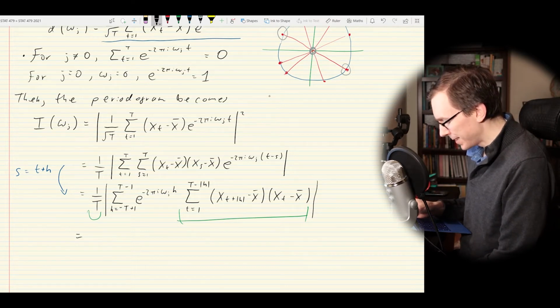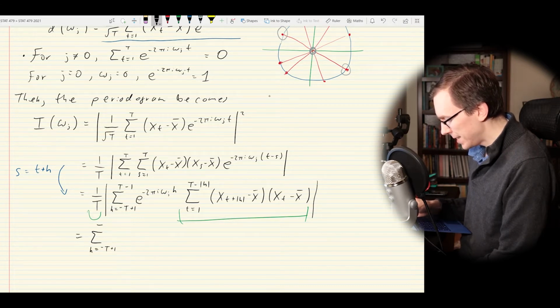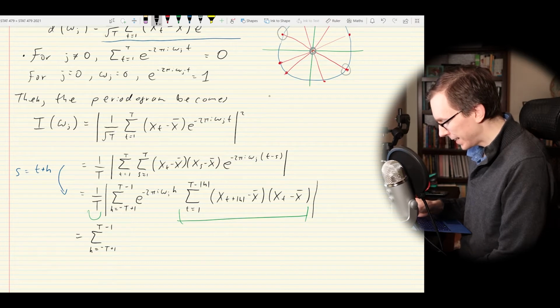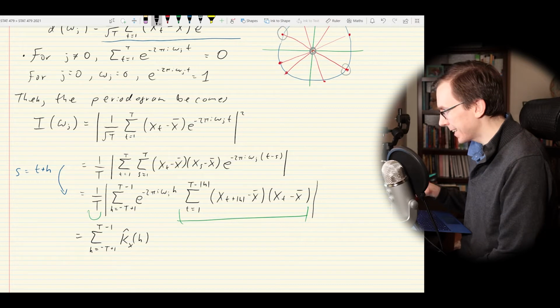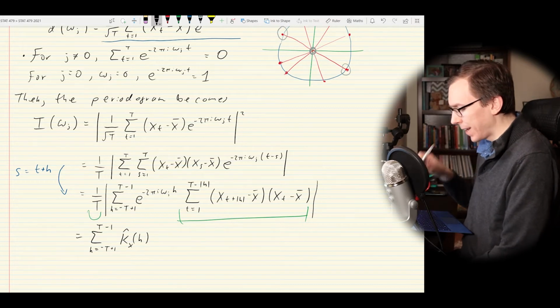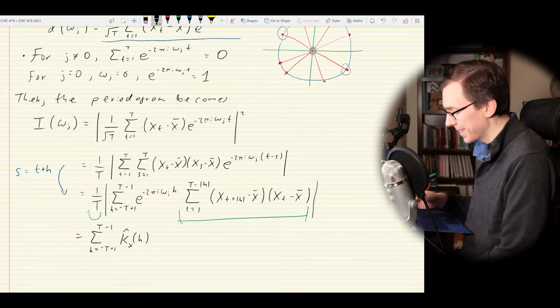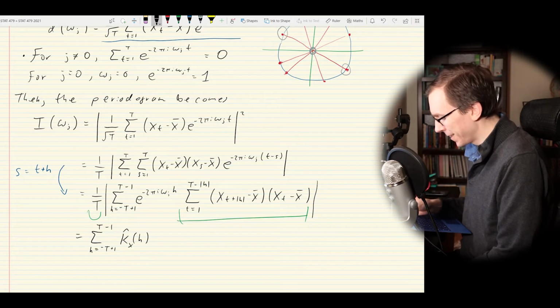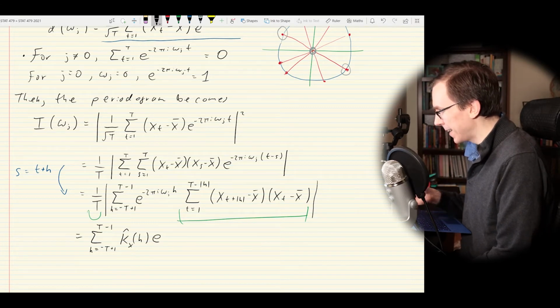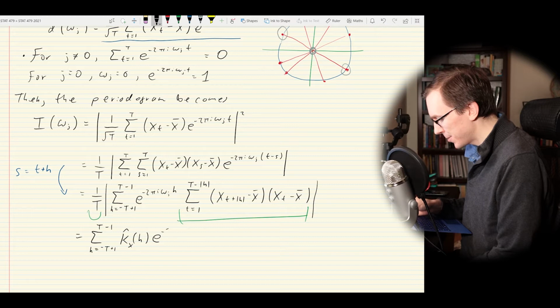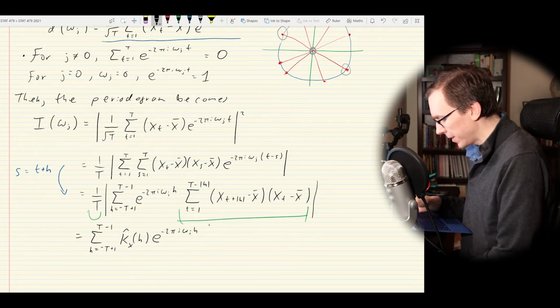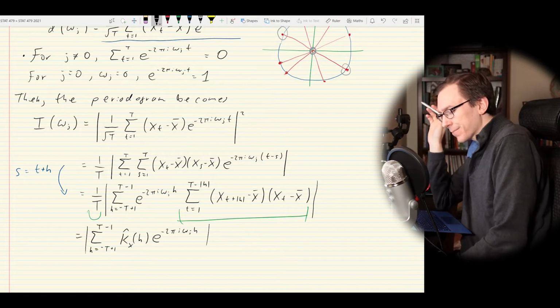So what I end up with is just the sum, in this case, h from minus t plus 1 to t minus 1 of k hat h sub x, because this is the auto covariance for the time series process x, or the estimated auto covariance. And then I have my complex exponential e to the minus 2 pi i omega j h here, as before.